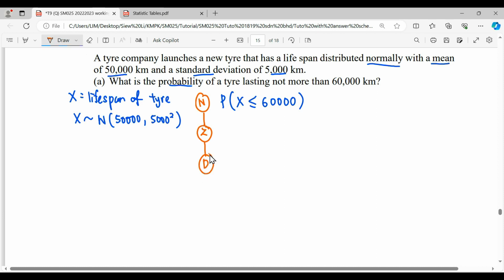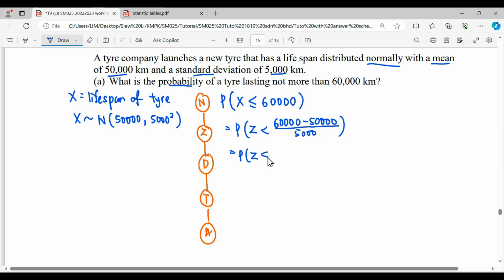Then we draw our normal curve to find from the table so that we can get the answer. So for X, to change to z-score, we need to minus mean over standard deviation. So our z is less than 2.